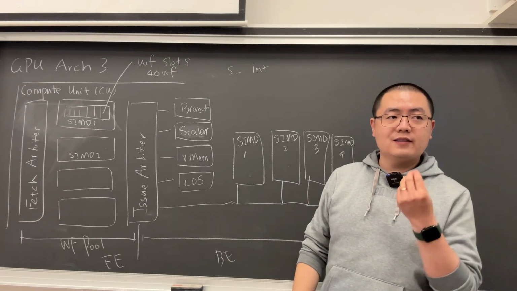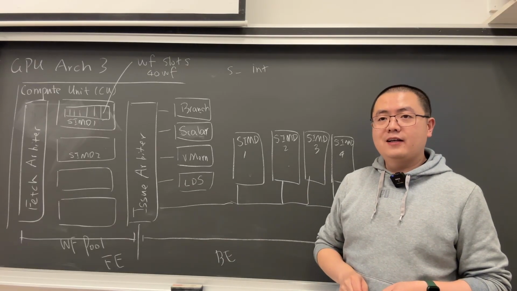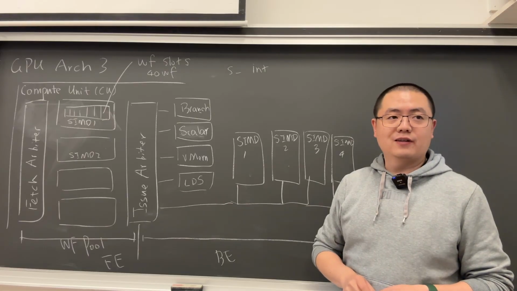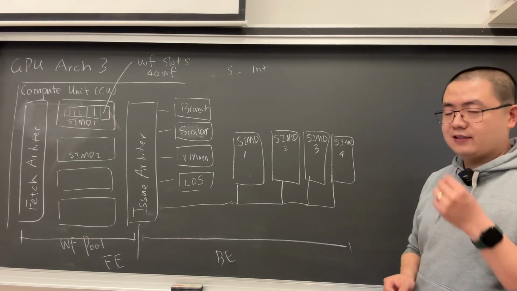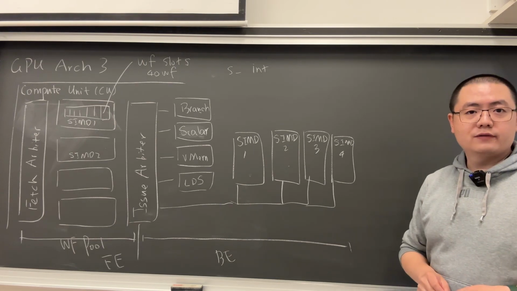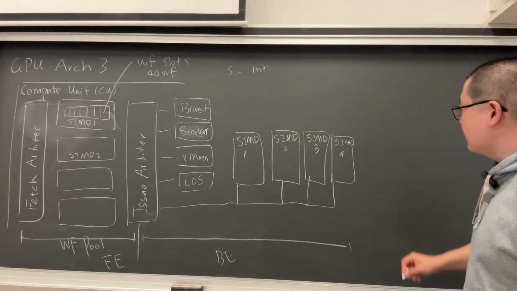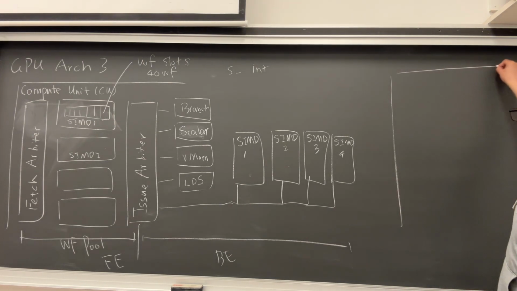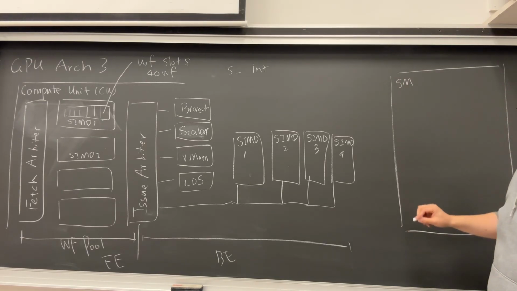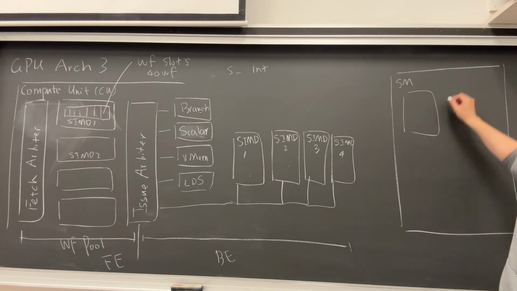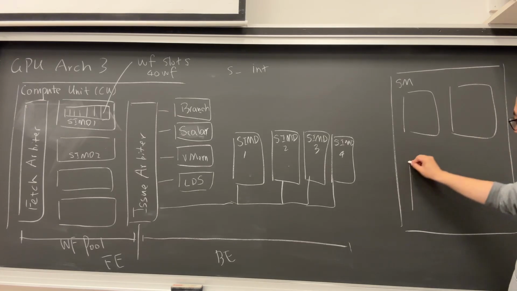So if you understand it in a more NVIDIA style, of how NVIDIA draws this diagram, NVIDIA has a concept called subcore. Okay, so what is a subcore? In NVIDIA, they typically draw this thing in this way. This is an SM. Okay, within each SM, there are 4 subcores.